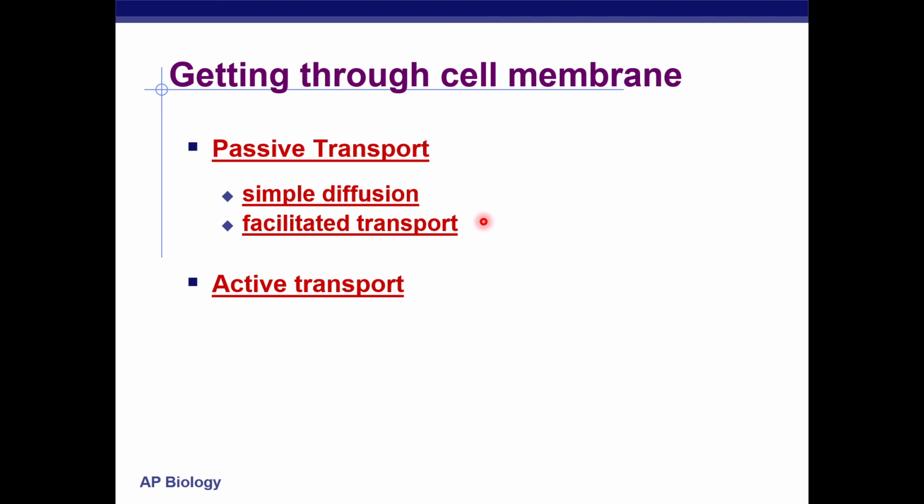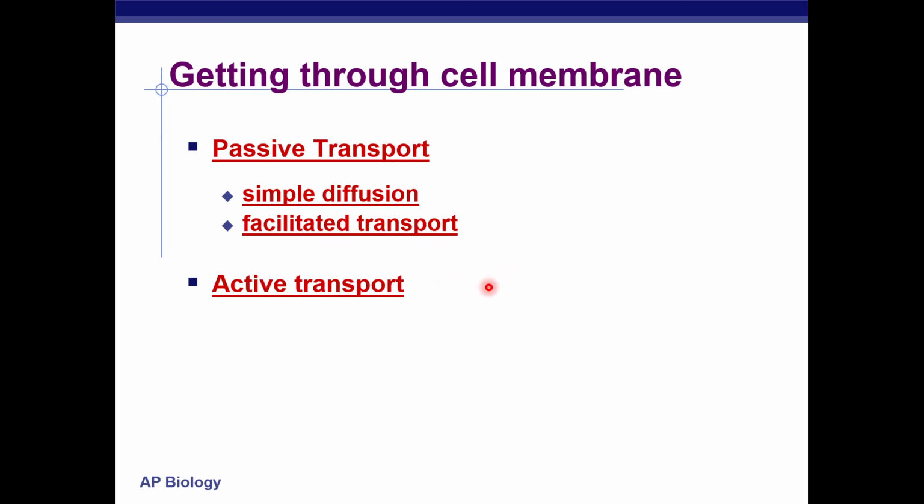It's also going to provide a channel, provide a door into the membrane or out of the membrane for molecules that are larger, polar, hydrophilic, and like I said, it provides faster transport for any of the smaller molecules. Both of these are going to move along their concentration gradient. No energy required, but moves from high concentration to low concentration.